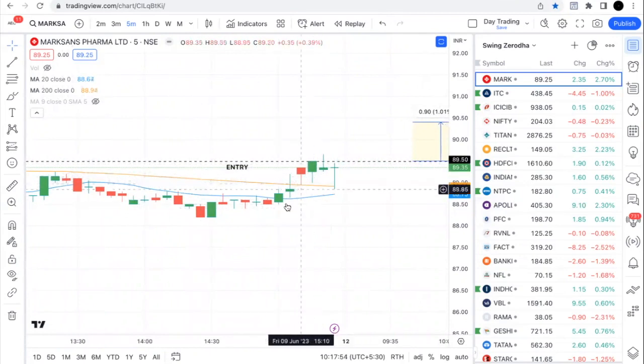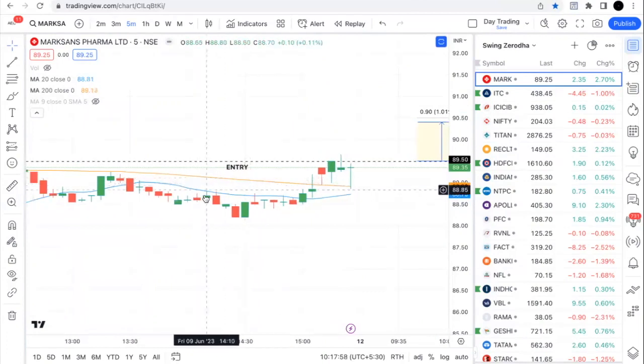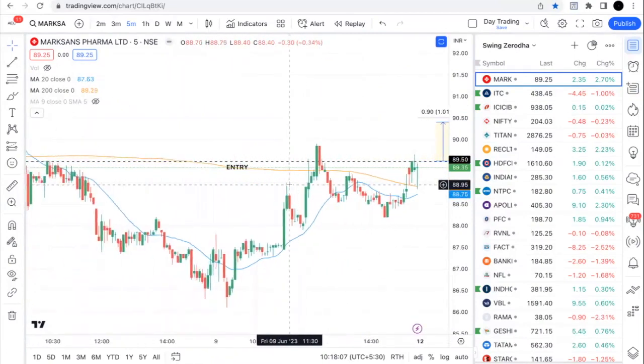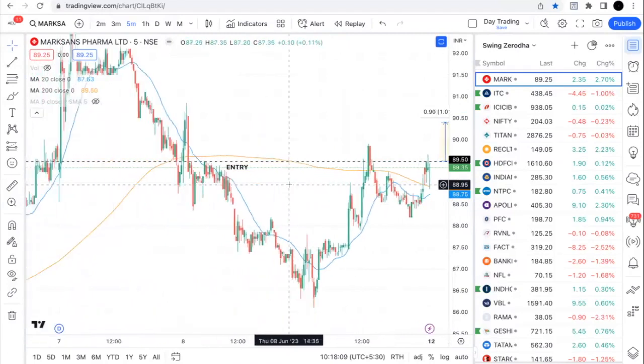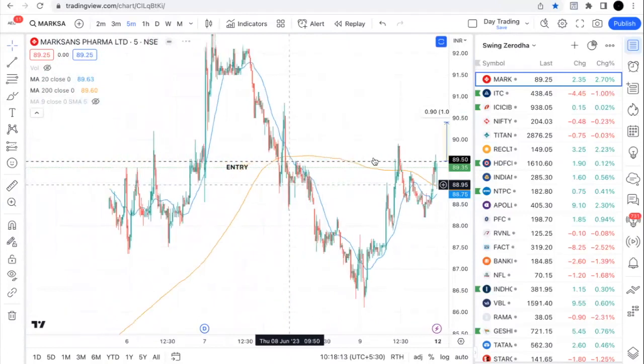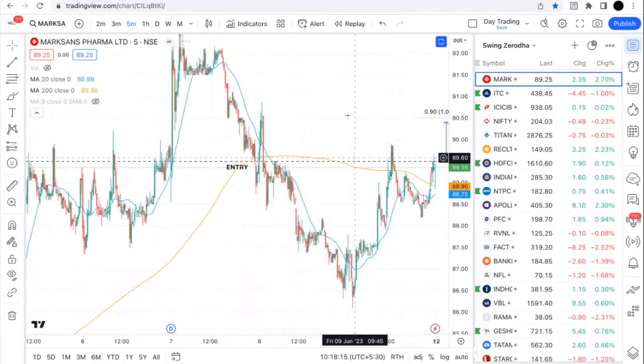Nevertheless, look here, we have the 20 and the 200. What we want to look for is stocks where the 20 is above the 200, and where the 20 and the 200 are close to each other.